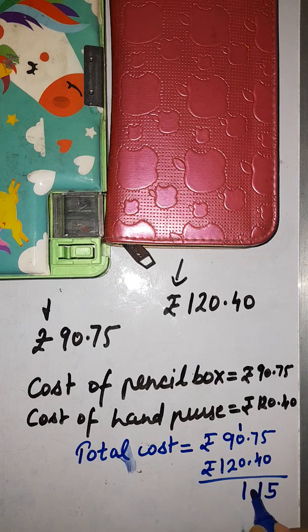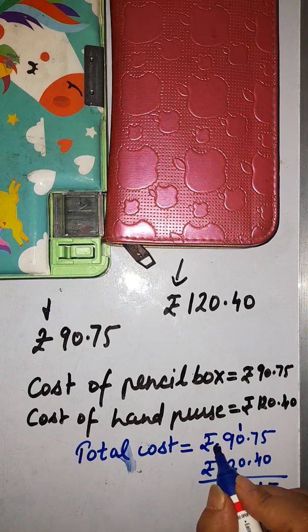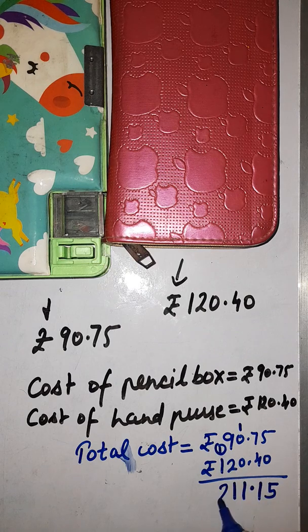We'll put the decimal point, this point below the decimal point, and 9 plus 2, 11. So we'll write here 1 and 1 carry over there. 1 plus 1, 2. It means that the total price of both the items is 211 rupees, 211 and 15 paise.